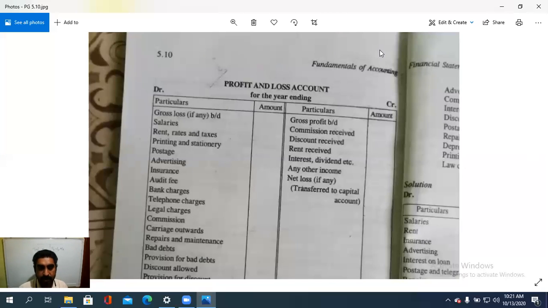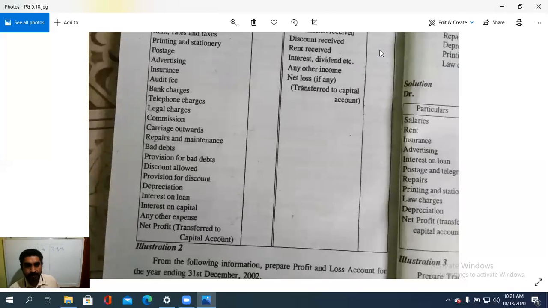See, firstly, gross loss or gross profit, whatever be the case, that is to be brought out. Then indirect expenses like salary, rent, rates and taxes, printing and stationery, postage, advertising, insurance, audit fee, bank charges, telephone charges, legal charges, commission, carriage outwards, repairs and maintenance, bad debts, provision for bad debts, discount allowed, provision for discount, depreciation of the fixed asset, then interest on loan, interest on capital, any other expenses.